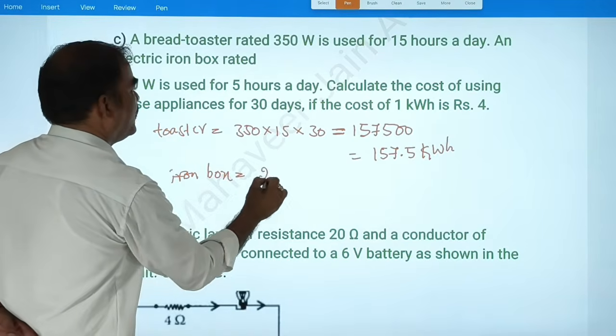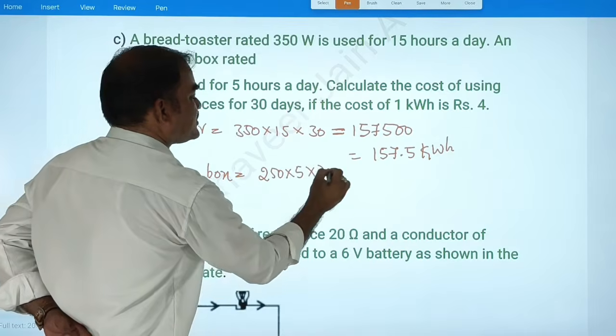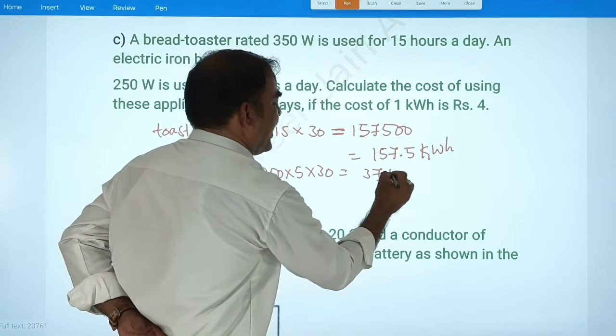Similarly, for the iron box, that is 250 into 5 into 30 days, it is 37,500 watt hours.